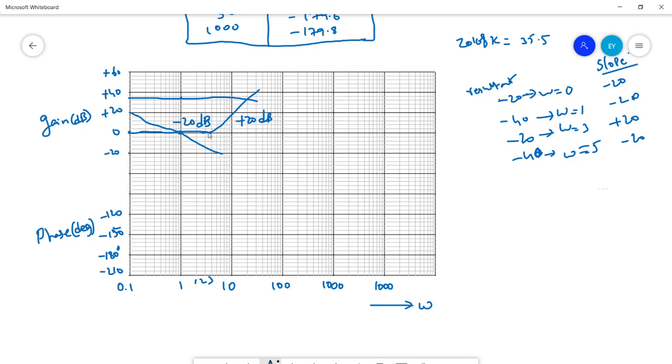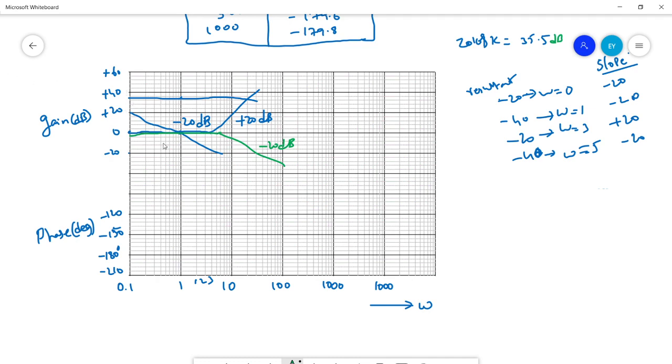At omega equal to 5, I'll write it with another pen. At omega equal to 5, 5 is 4 and 5. Till here, it is contributing minus 20 dB. Now what we need to do is sum up all the gains to the initial gain, that is at minus 35.5, where we have calculated the gain K. The gain at K is minus 35.5 dB.